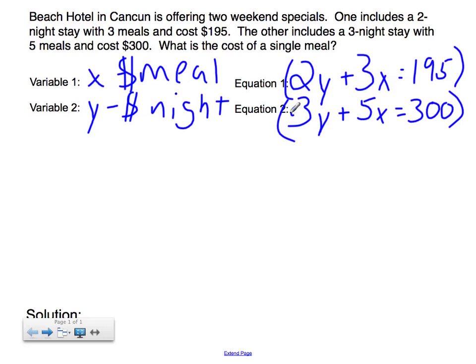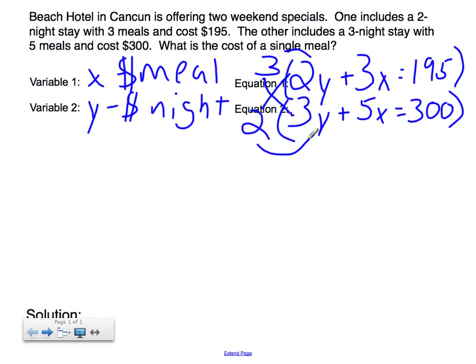So I'm going to take this 3 and multiply the top by 3. I'm going to take this 2 and multiply the bottom by 2. The first thing that we do when we're starting to distribute is multiply out the first term, or the term that we're trying to get rid of.